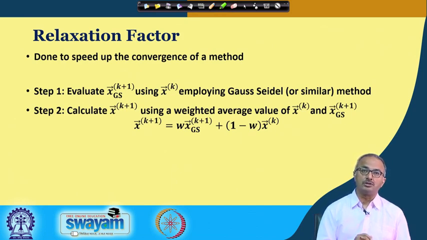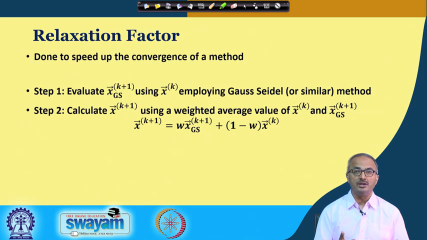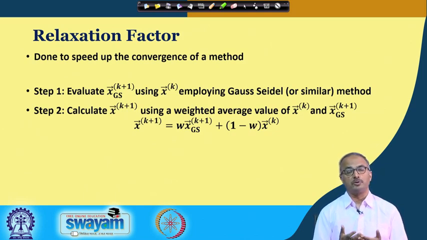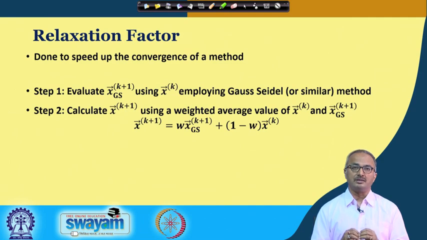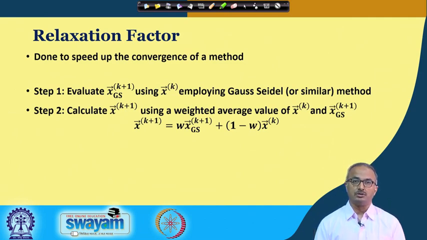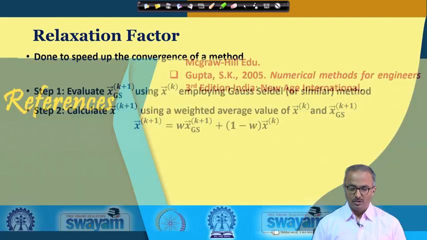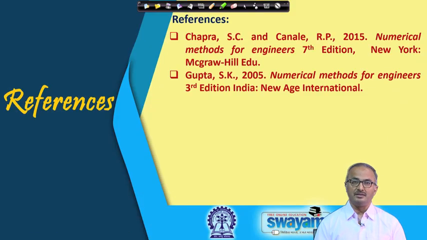So the choice of this factor may be arbitrary or may be done through some optimization depending on the problem at hand. That is how this particular factor assumes great importance in the numerical solution of these equations. More on this you can find in these references.